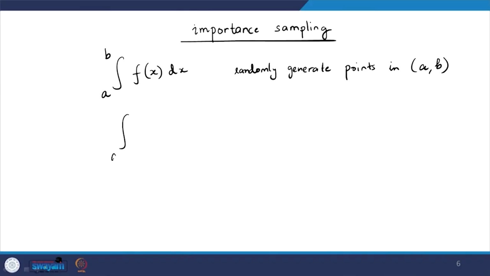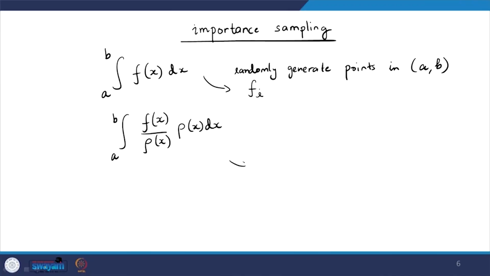So, now instead of doing that, what we could have done is we could have divided this function f by some function rho of x and multiplied with rho of x dx, right. That is almost the same function, right. So, in the first instance, essentially we are computing the f values for different values of the points that I pick.